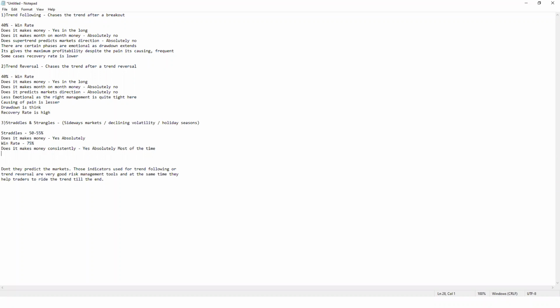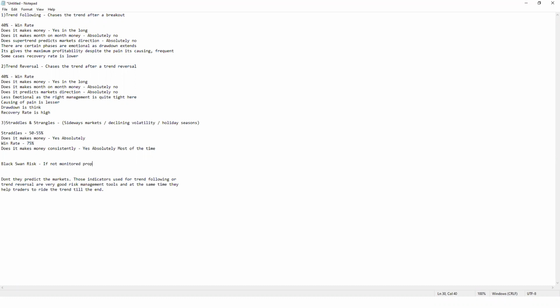But the only drawback is that it has a black swan risk. If not monitored properly, the strategy will have unlimited risk.